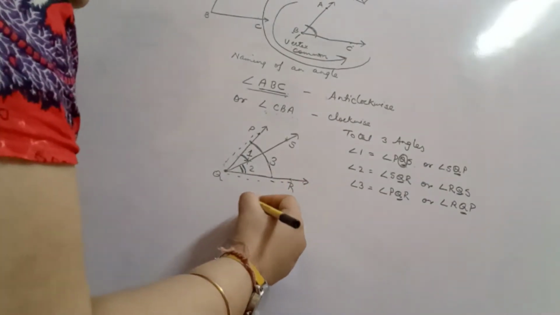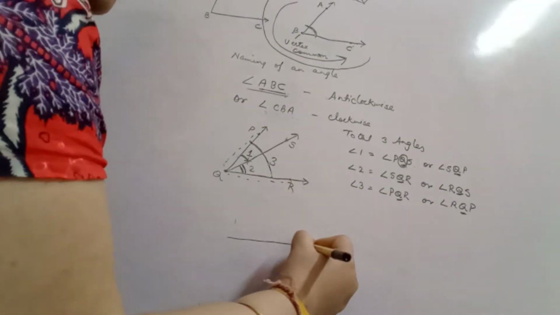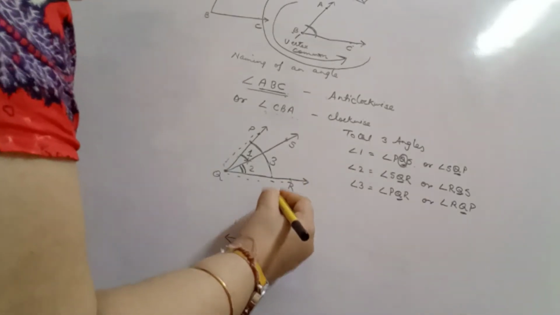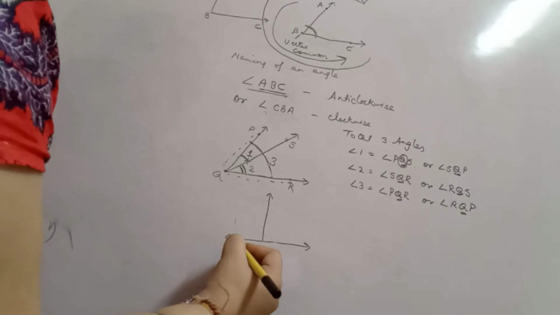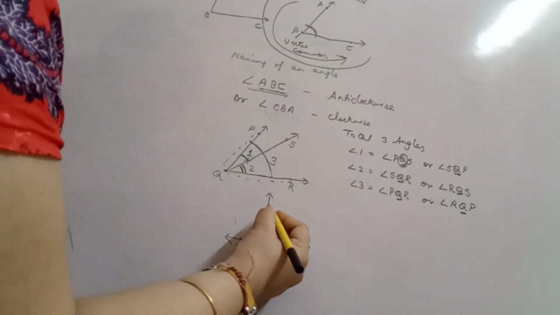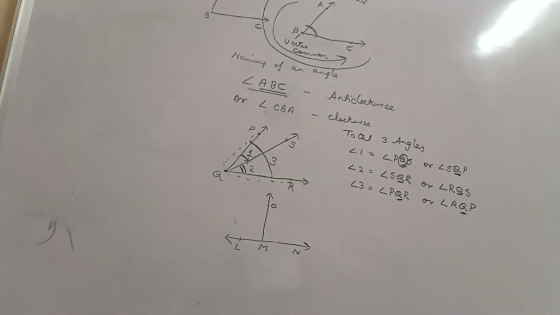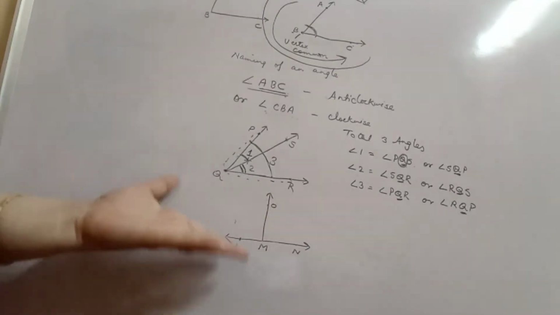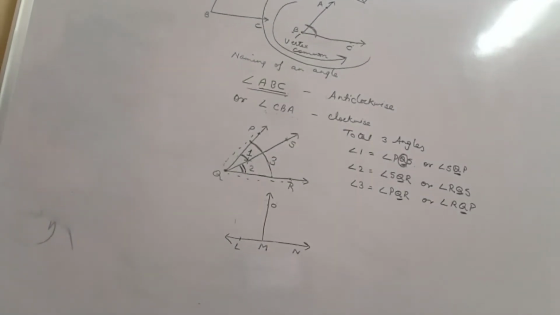Suppose I take another figure here. You can name angles as you like. I have taken L, M and O. Now you have to write the different angles forming in this figure.